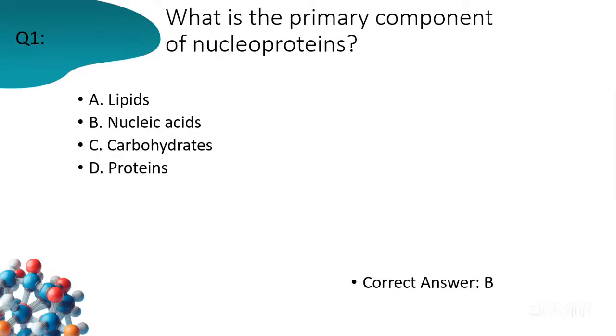That's like when you say glycoproteins or proteoglycans. If you're talking about proteoglycans, you know that protein is the greater portion. So the answer to that question is nucleic acids.